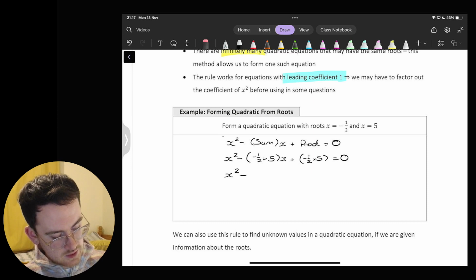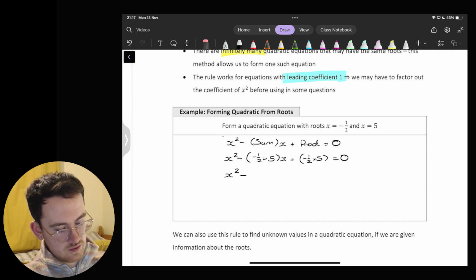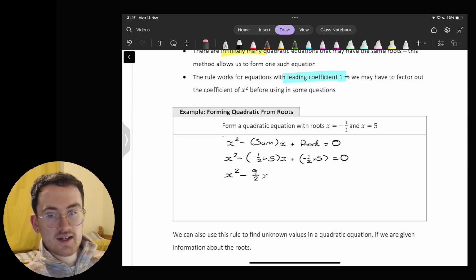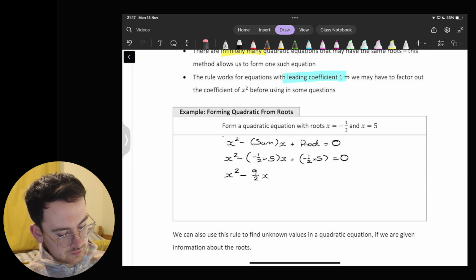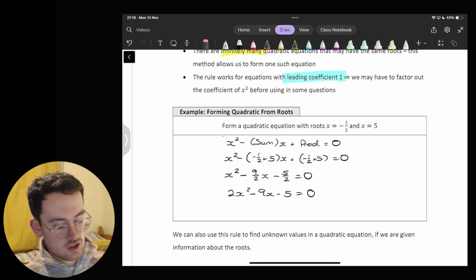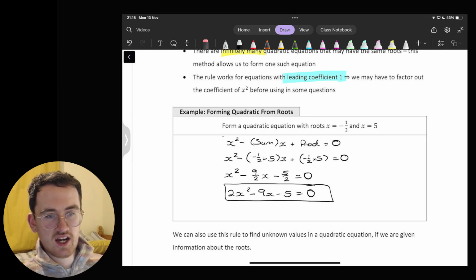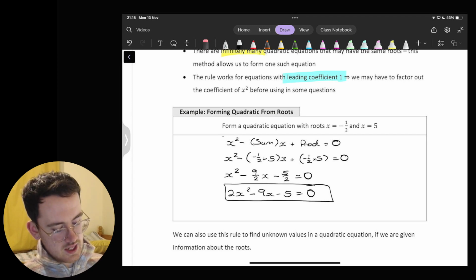So x squared minus, let's see, 5 would be the same as 10 over 2, so minus 11 over 2 x minus 5 over 2 equals 0, and I can multiply across by 2 there to give me a nice standard equation. Just noting as well that generally with a quadratic we don't write it with fractions there, so we can give it a leading coefficient.